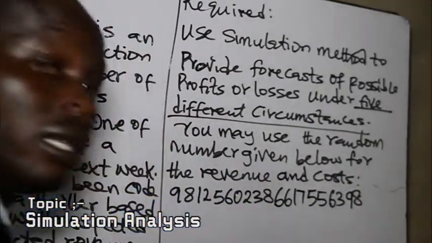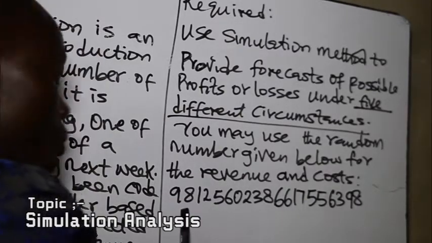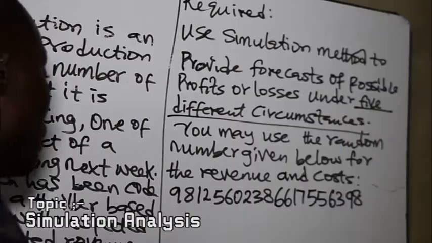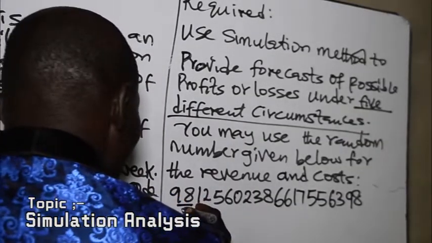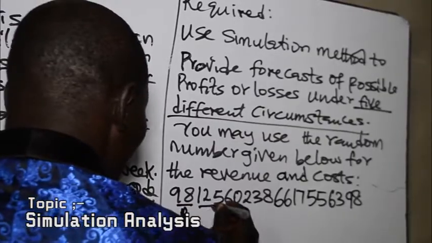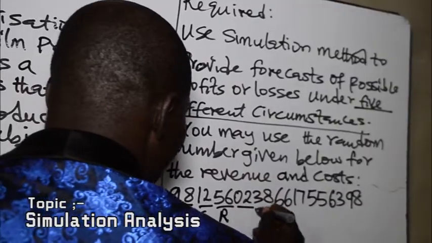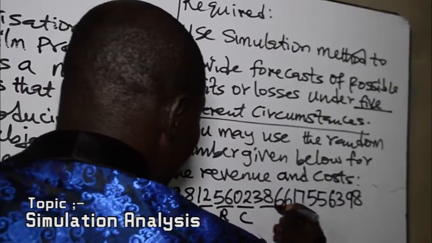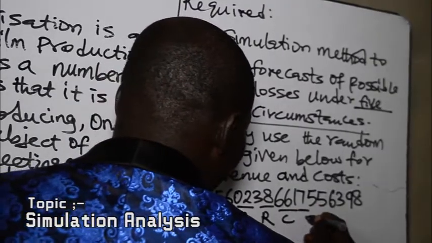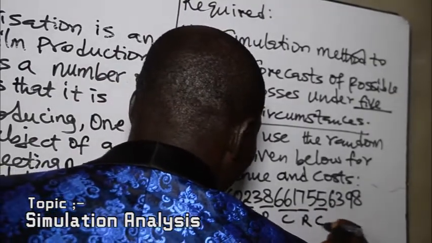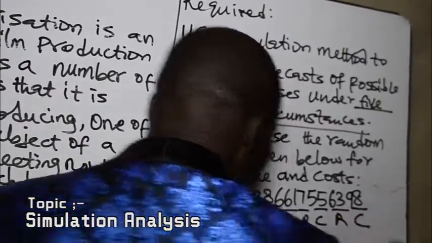In Monte Carlo simulation, which is a system of random numbers, we usually have 2 random numbers per circumstance. The first random number, 98, will be for revenue. 12 will be for cost. 56, revenue. 02, cost. 38, revenue. 66, cost. 17, revenue. 55, cost. 63 for revenue, and 98 for cost.